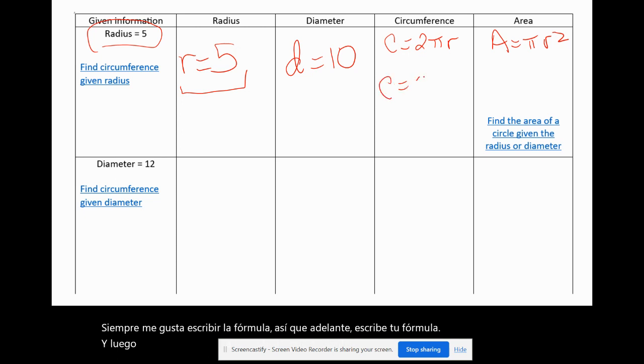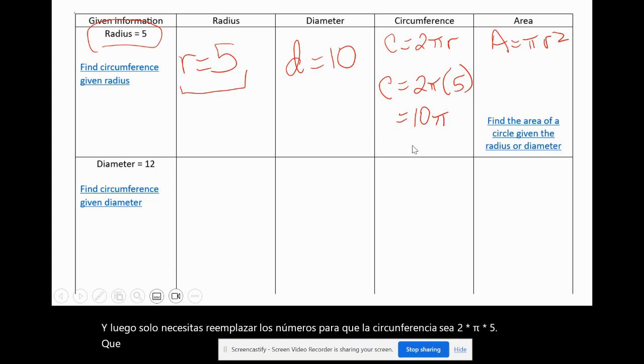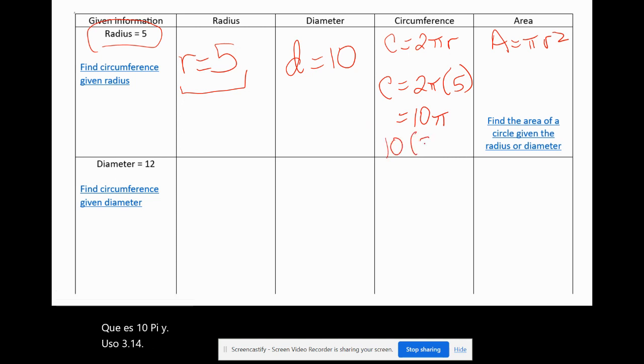So circumference is 2 times pi times 5, which is 10 pi. And use 3.14 for pi, multiply that out, 31.4. So for the second one, pi times the radius squared.